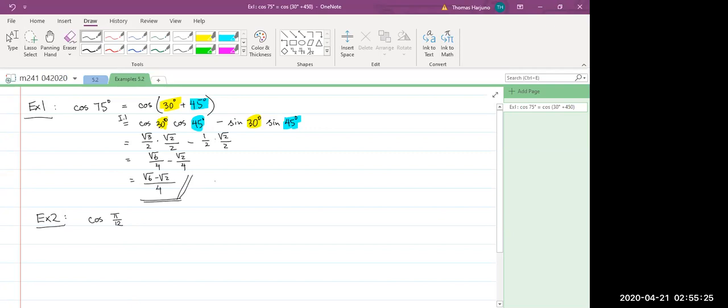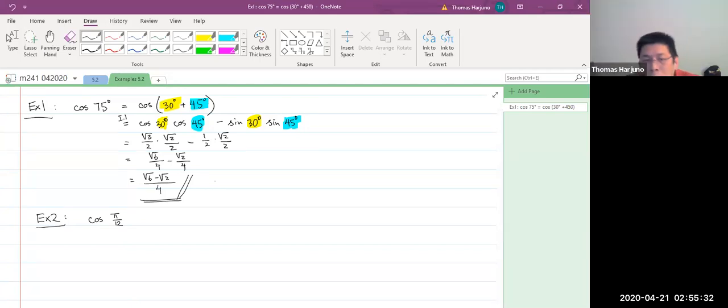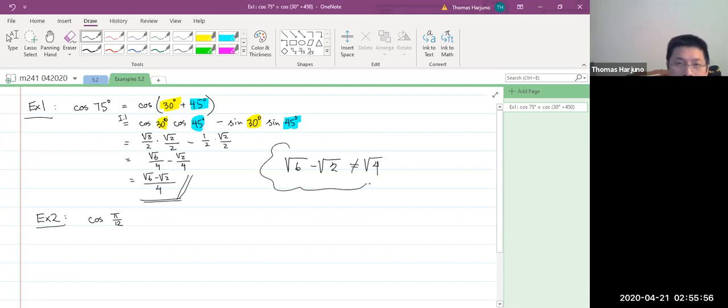The thing is, it will not be a nice number if we subtract them, so I just leave it in exact form like that. Square root of 6 minus square root of 2 is not square root of 4. Keep that in mind. So I cannot go further.